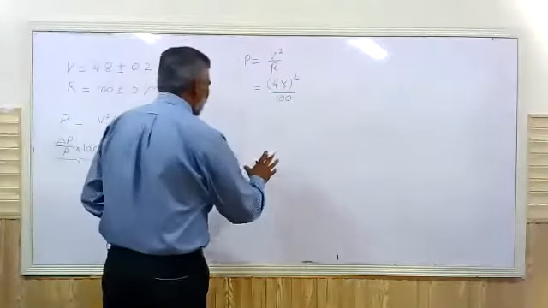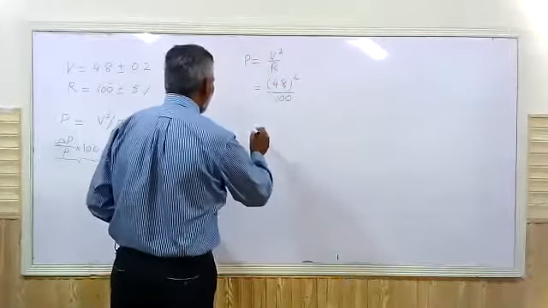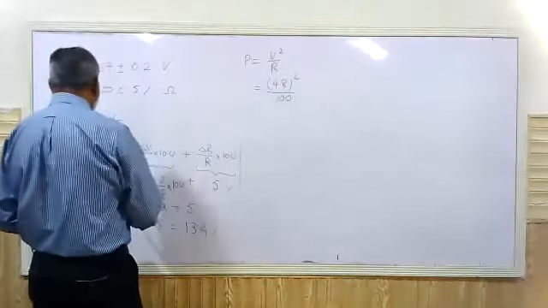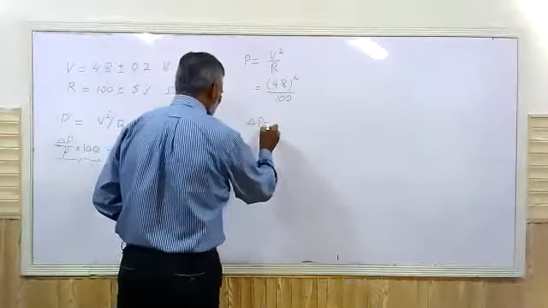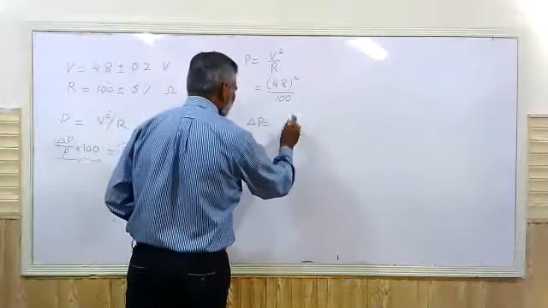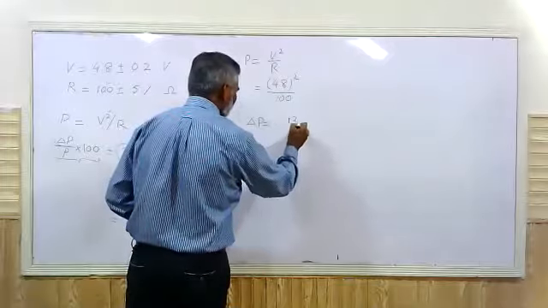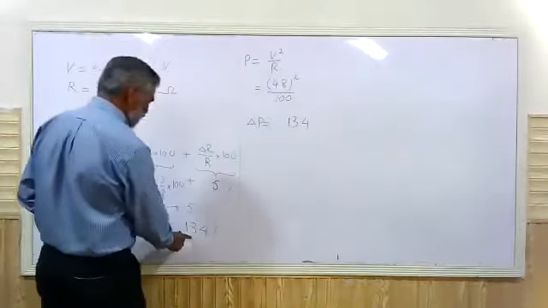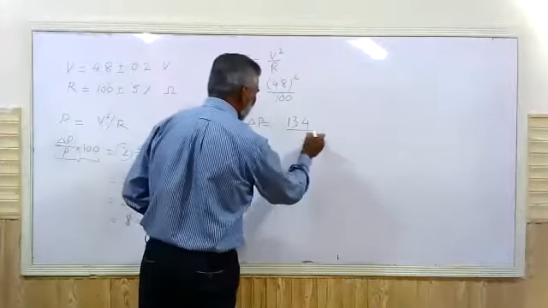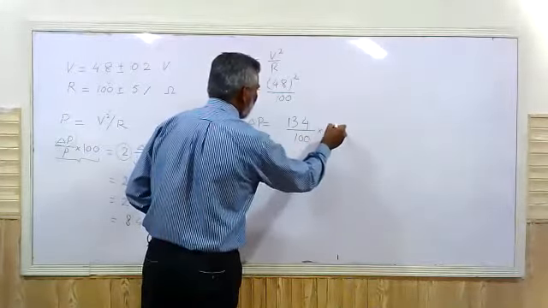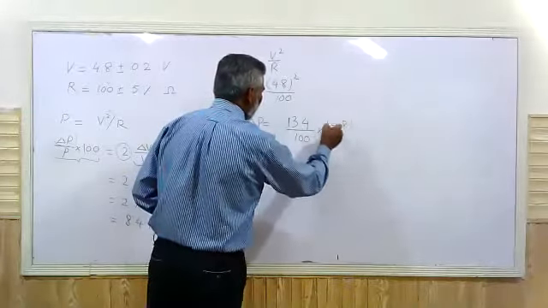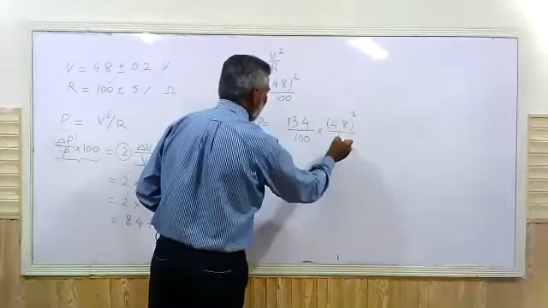Whatever this number is, we use this number to calculate delta P, and therefore delta P comes out to be 13.4, which is the total percentage uncertainty, divided by 100 multiplied by P, which means 4.8 squared divided by 100.